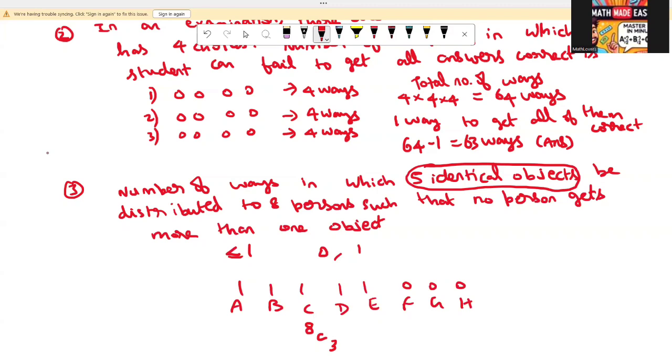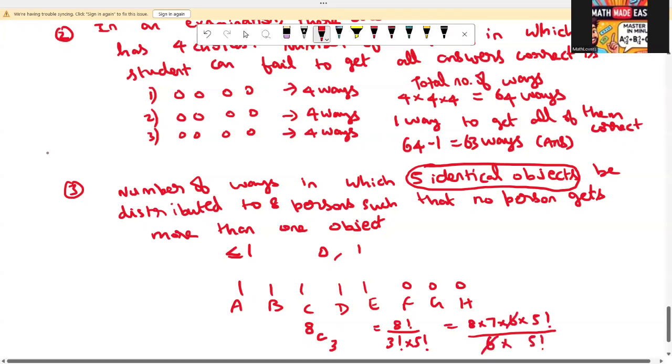That's all. So 8C3 will be the answer for this question, which is 8 factorial by 3 factorial into 8 minus 3, that's 5 factorial. If you expand, 8 into 7 into 6 into 5 factorial divided by 5 factorial and 3 factorial, which is 6. So 6 gets cancelled, 5 factorial gets cancelled, 8 into 7, 56.